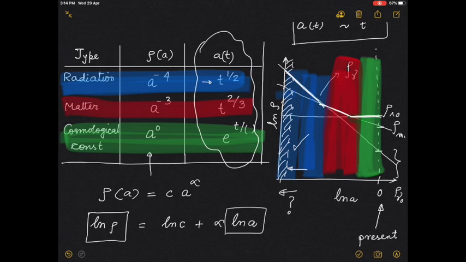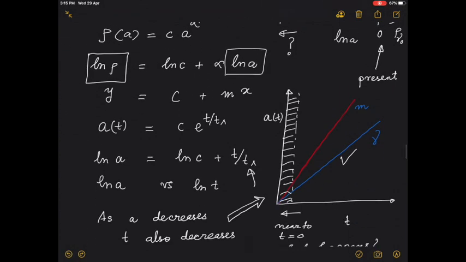Then we plotted the variation of density with the scale factor with our knowledge of the present day values of the densities, which come from the omega parameters that we have already stated. And we realized that the universe initially was dominated by radiation, then it got dominated by matter, and then right now it is cosmological constant dominated.